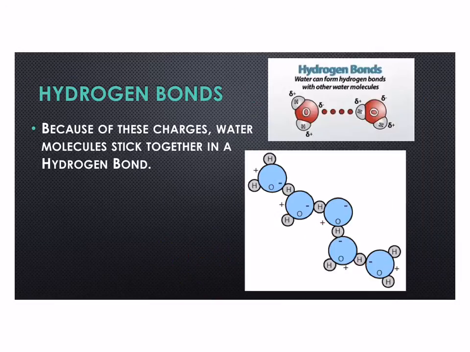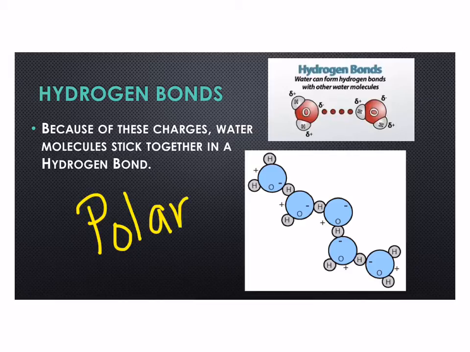Now, because of these charges, we say that water is polar, and we see that it will form a new kind of bond between water molecules. The oxygen that's negative sticks to the hydrogen that's positive. This is a special kind of bond called a hydrogen bond.